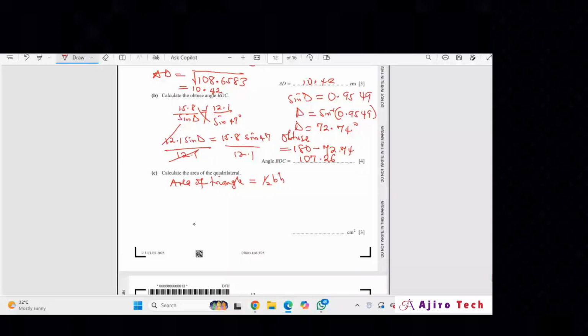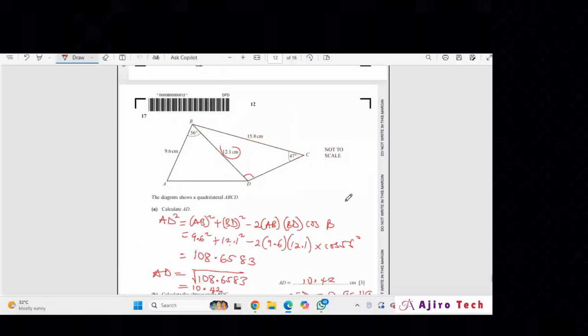The first triangle is ABD and the other one is ABC. When you bring the two of them together, it gives you that quadrilateral.